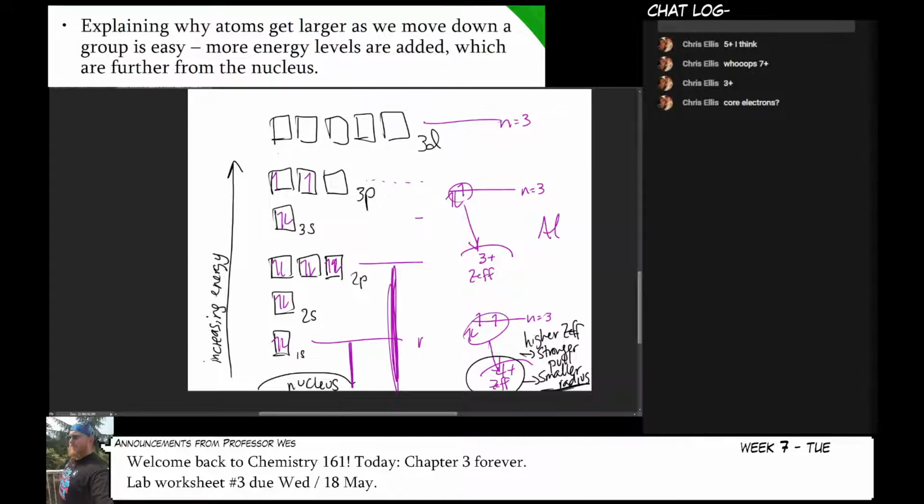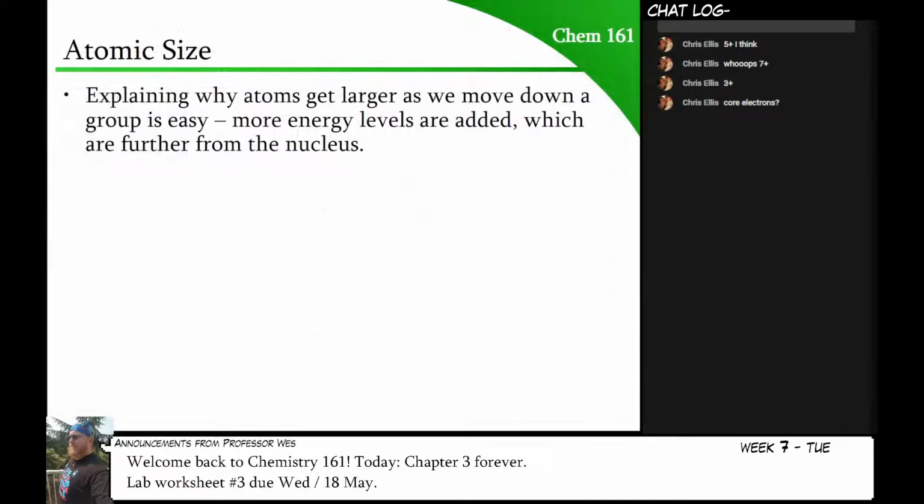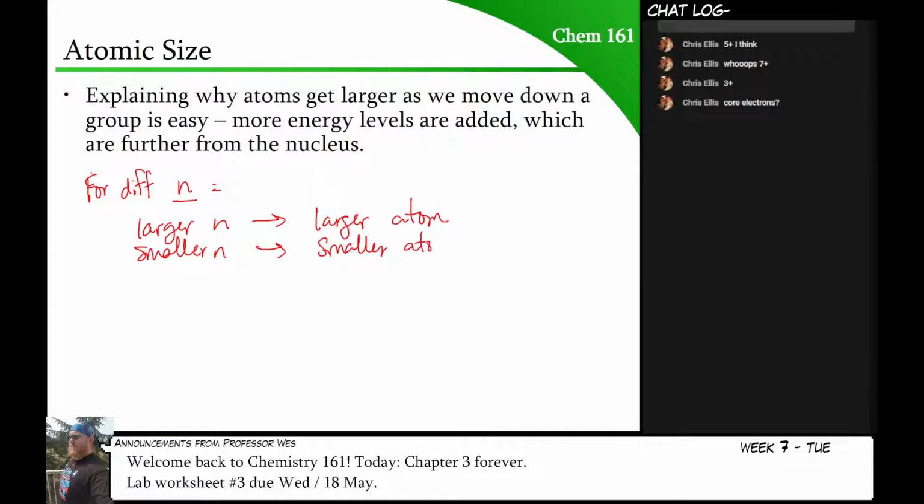So those are our consequences of quantum mechanics, and we'll summarize them on this slide here. If you're comparing atoms with different n levels, the larger n is the larger atom, and the smaller n is the smaller atom. And this is always from the perspective of radius here.